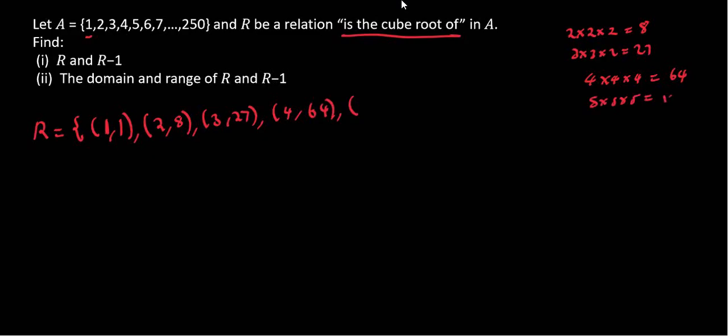What's the answer? 125. Is it in A? Yes, so 5 gives 125. Then the other one, 6 times 6 times 6. So that is 216. Is it in A? Yes, it is in A, 216.